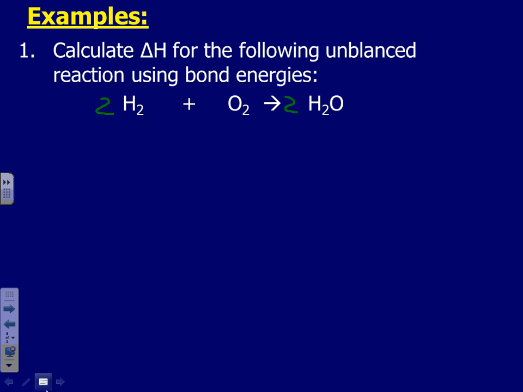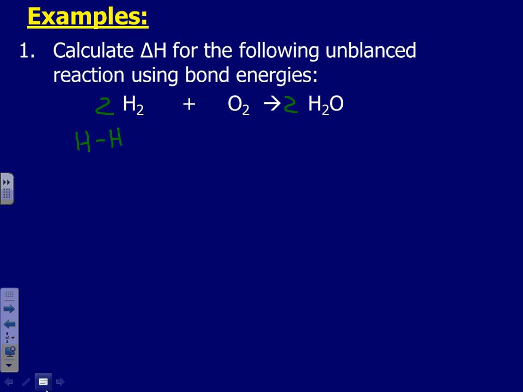Now we need to draw the molecules because we need to see the bonds. In order to do bond energy calculations, you need to be able to draw them. If they're simple ones, I expect you to be able to do them. If I'm asking you a question that has a complex molecule in it, I will supply you with the diagram. So H2 is H and H. You can put a 2 in front of there if you'd like.